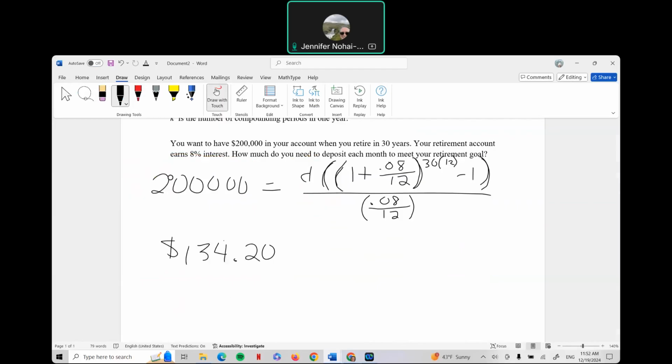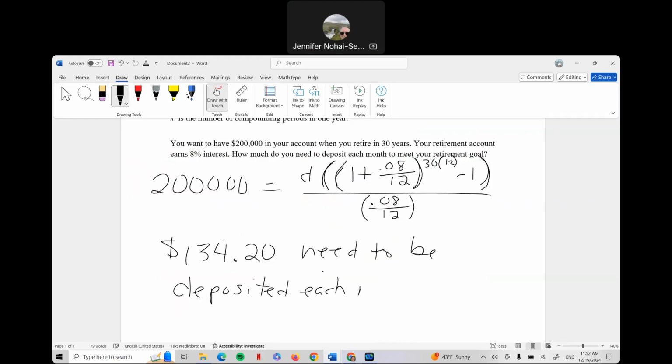It's money, 2 decimal places. $134.20 needs to be deposited each month. All right, so hopefully this gives you an idea of what to look for in planning your own retirement.